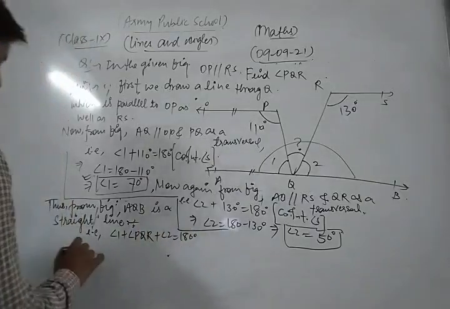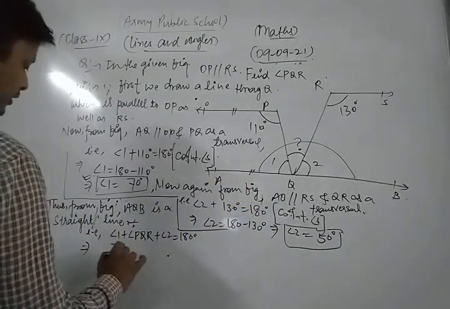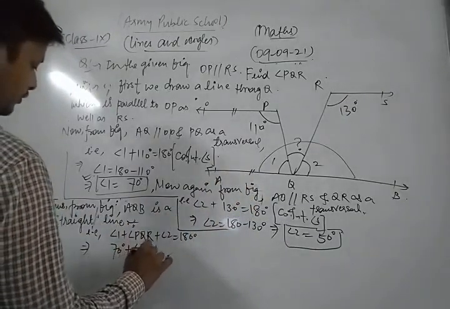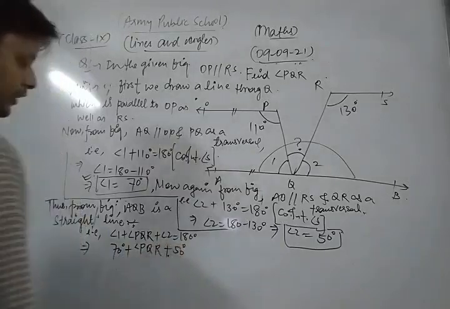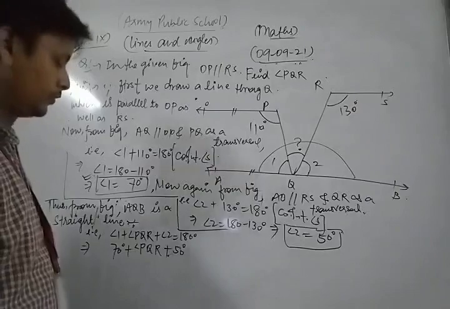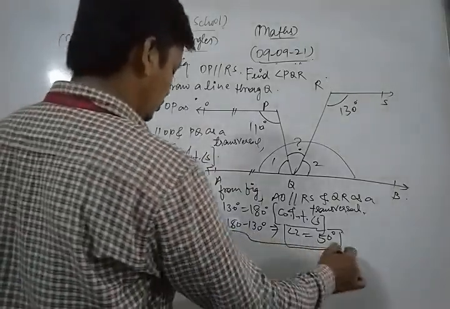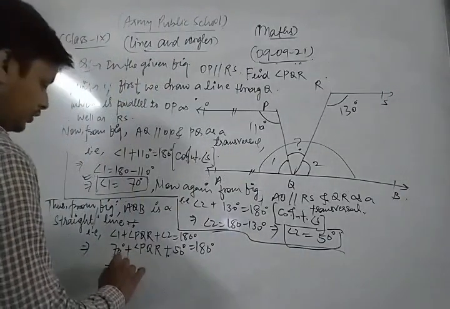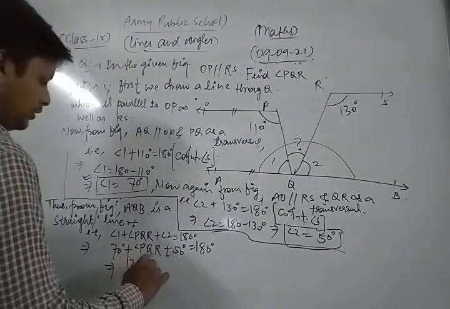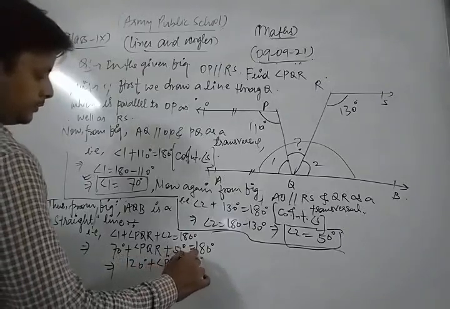Now we put the values of angle 1 and angle 2. Angle 1 is 70, plus angle PQR, which we have to find, plus angle 2, which is 50 degrees, is equal to 180 degrees. Now what do I get? This is 120 plus angle PQR is equal to 180.